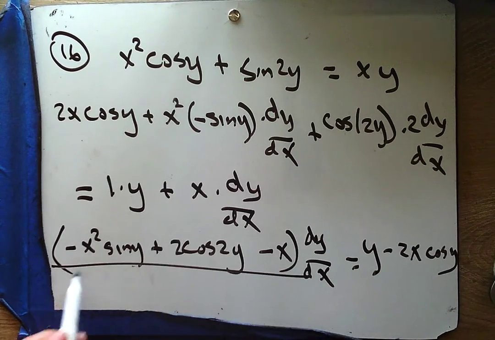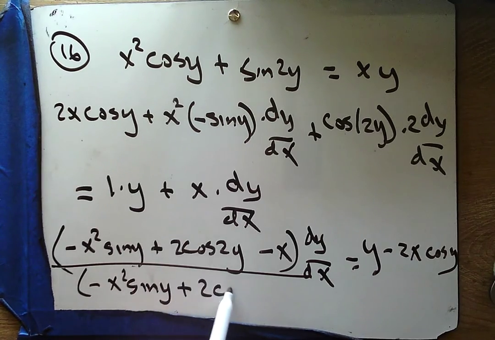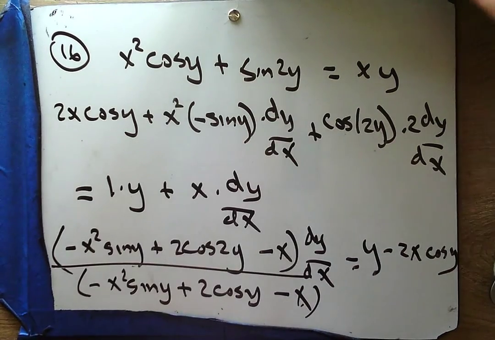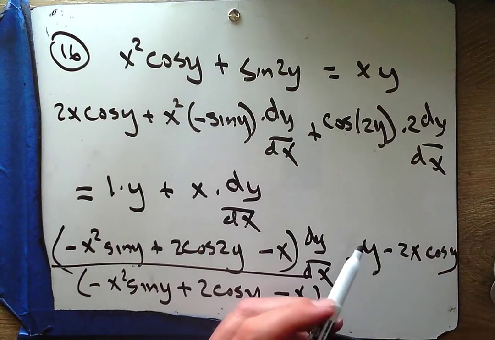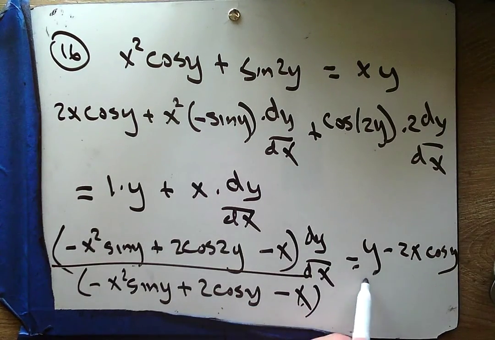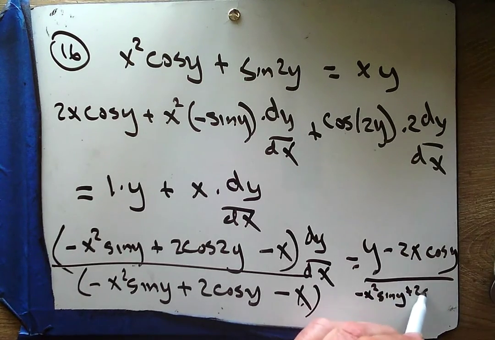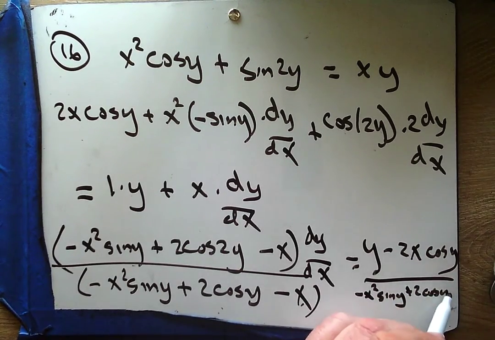So let's divide both sides by negative x squared sine y plus 2 cosine 2y minus x. And, oh, that's good. And then over here, we've got that same thing, negative x squared sine y plus 2 cosine 2y minus x. Yikes.